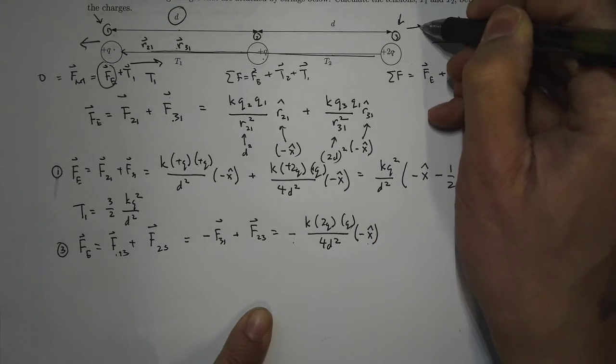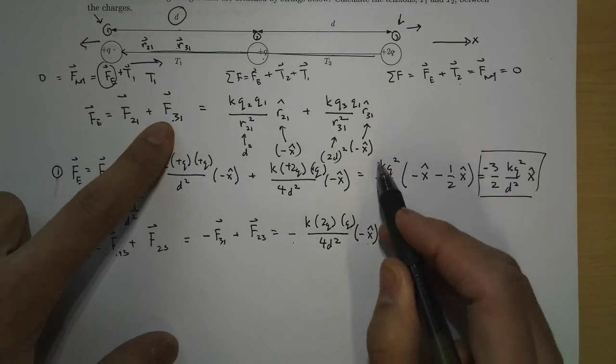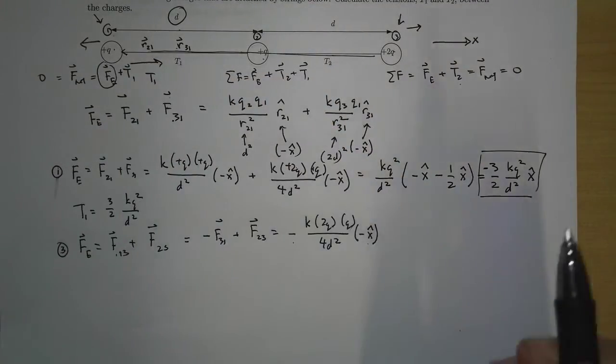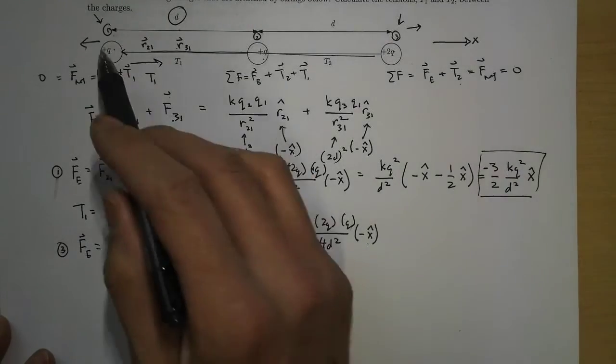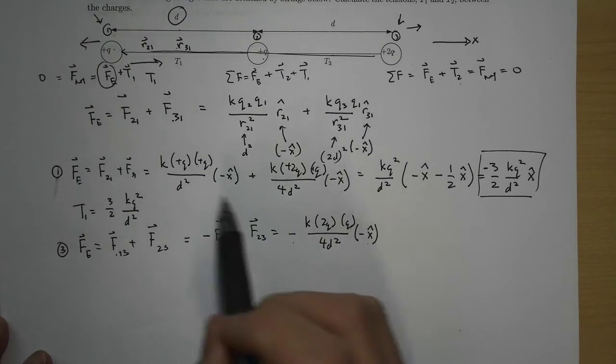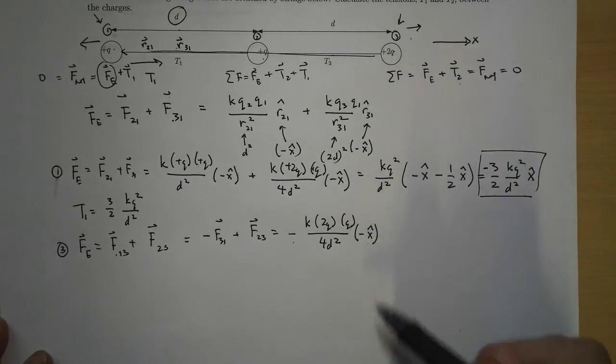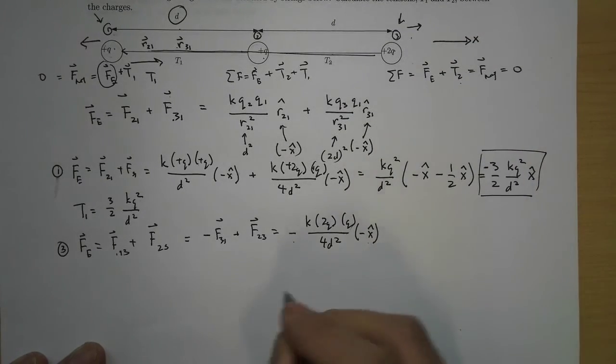So this force is in the positive x direction, whereas F31 was in the minus x direction. This is just Newton's third law. Every action has an equal and opposite reaction, but they're on different objects. So this was the action, this was the reaction, and the reaction is the minus of the acting force.